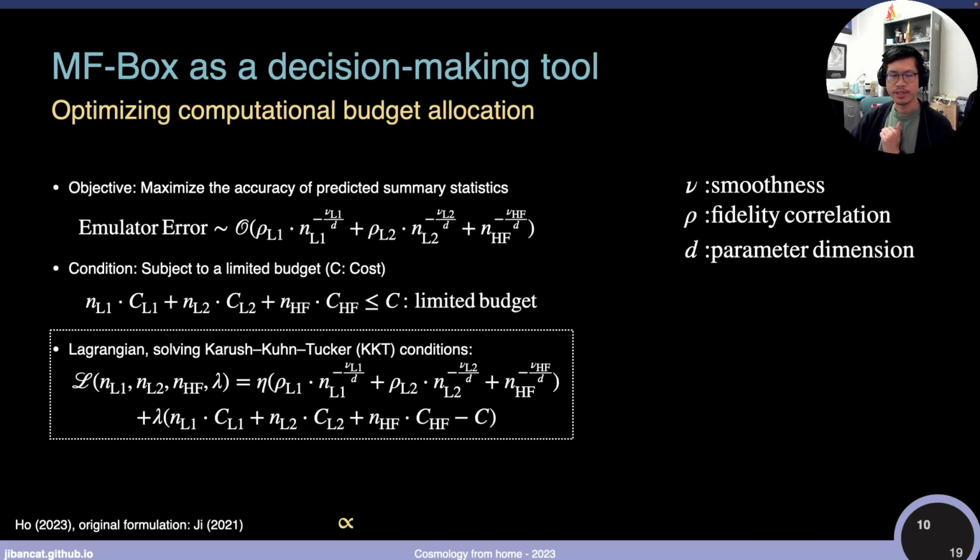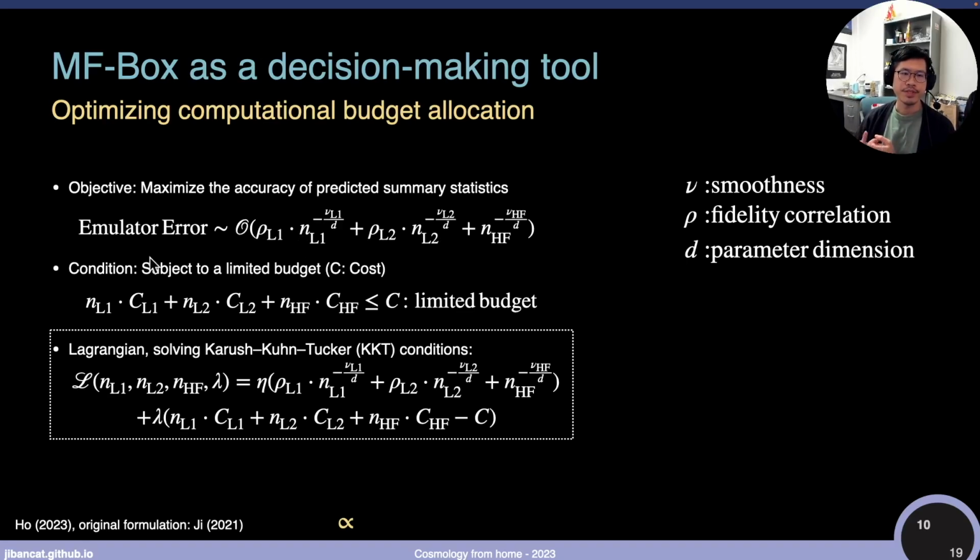It also works as a decision-making tool for either optimizing the budget for building an emulator or optimizing the budget for running a simulation campaign. So here is just a toy example. Say you have an objective, for example, maximize the accuracy of the predicted summary statistics, and have an empirical error relation, where error decreases with the number of simulations.